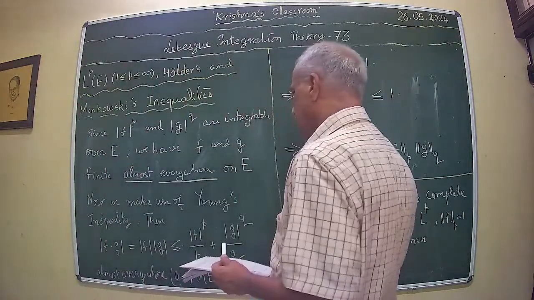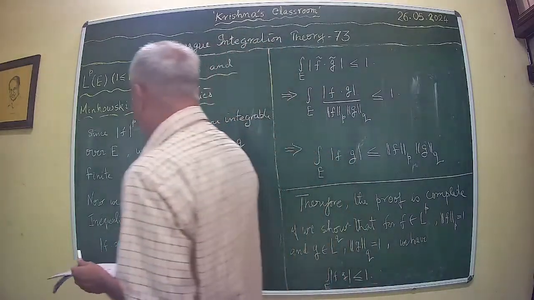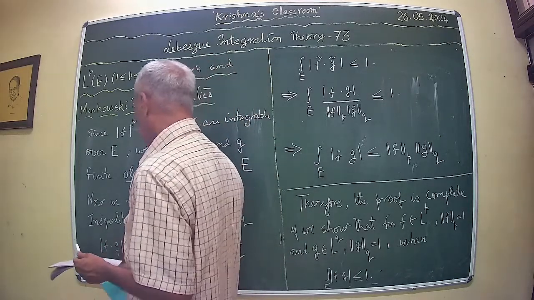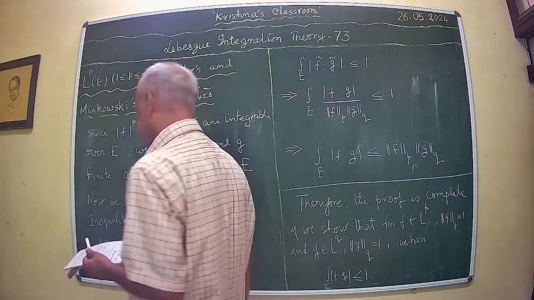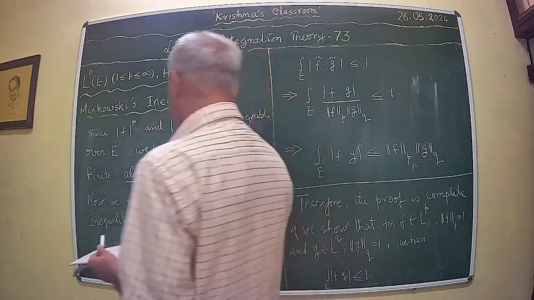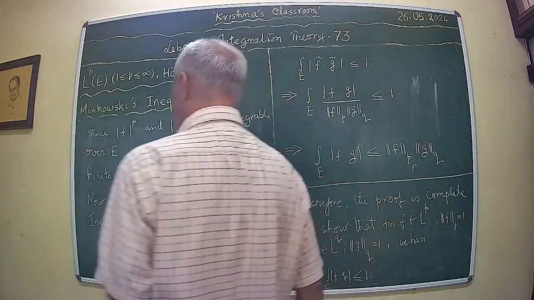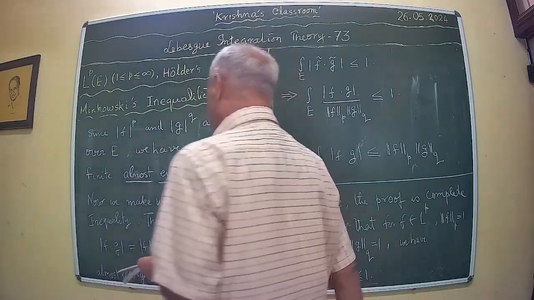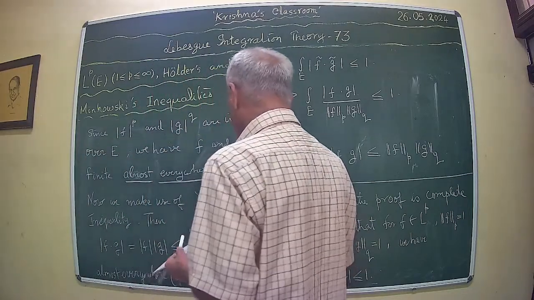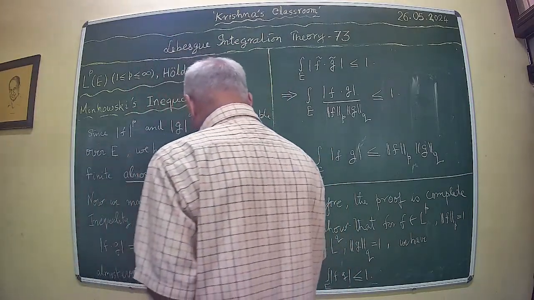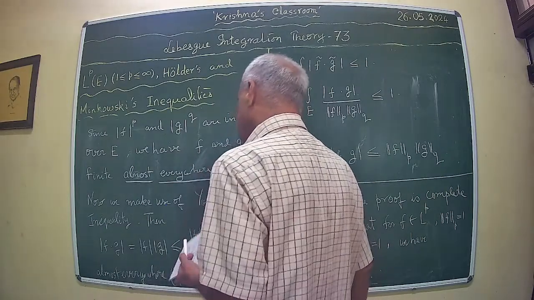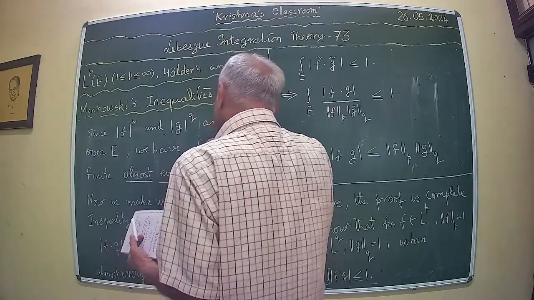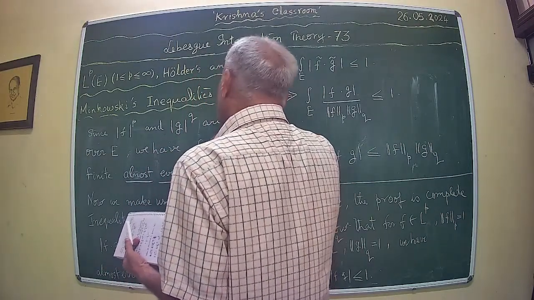So this inequality is the application of Young's inequality at every point, because they are numbers. See, fg at some x is, this is evaluated as mod f(x) times mod g(x), and that is less than or equal to mod f(x) to the power p by p plus mod g(x) to the power q by q, wherever they are finite.